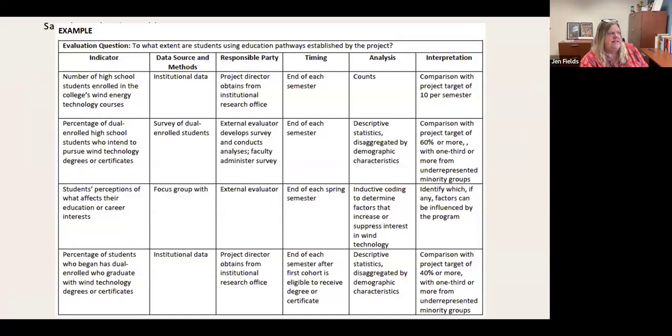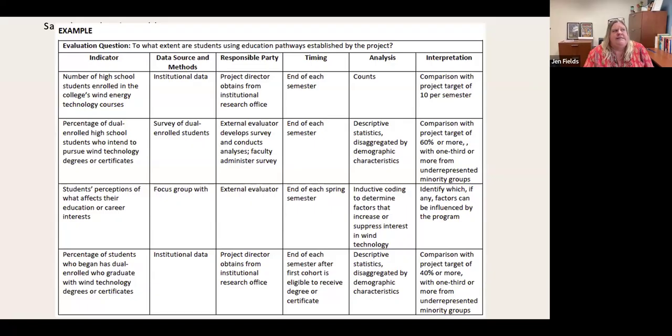So this is just a sample evaluation question. This was for a project that was setting up a number of educational pathways. It was this NSF technology education program. I've used this table a lot and I don't remember the exact project, but it had to do with setting up technology trainings for youth.